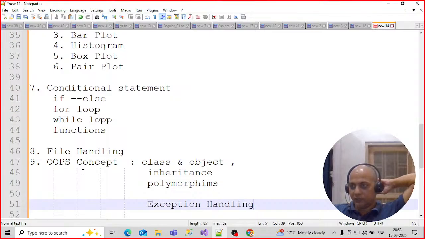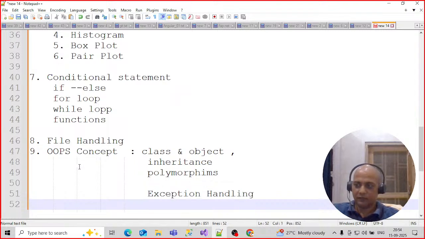Do you have an idea what the data structure part is? You will study list, array, tree, hashing, binary tree, linear search, insertion sort, bubble sort. So searching and sorting techniques, tree, all that.